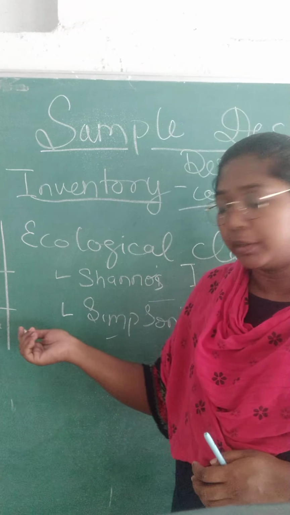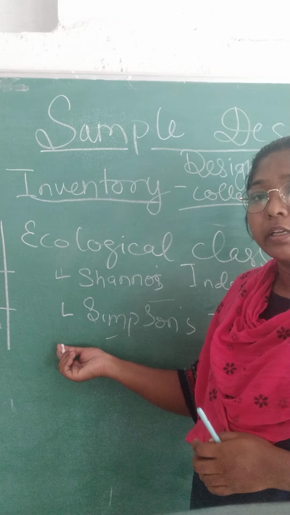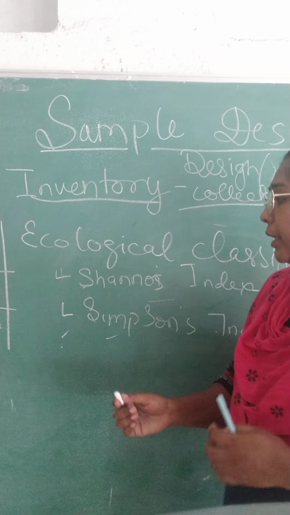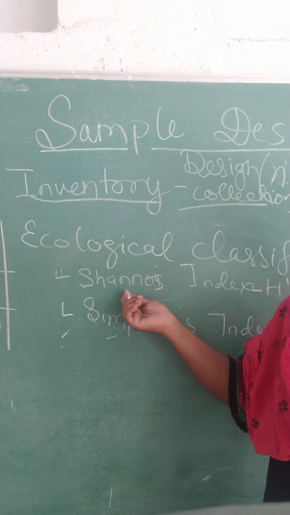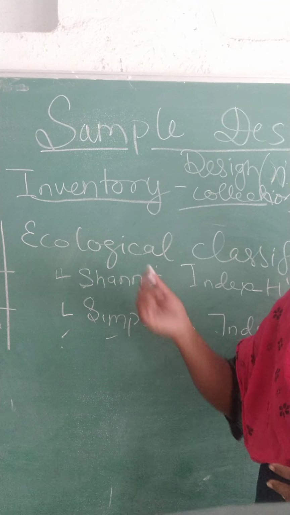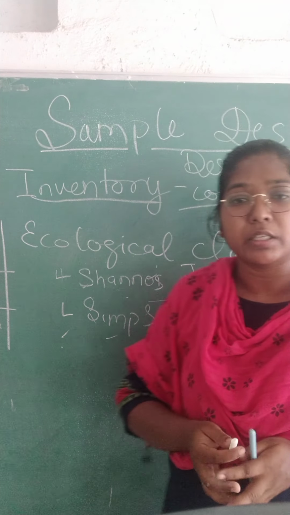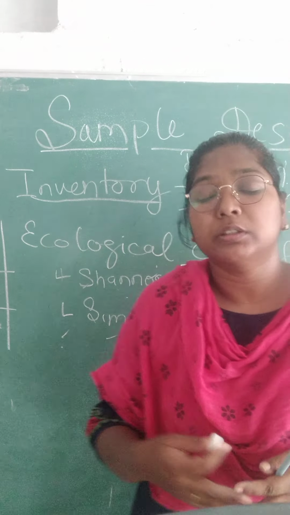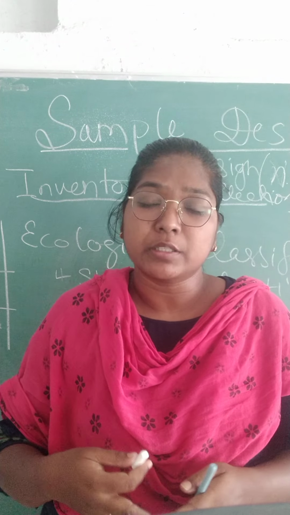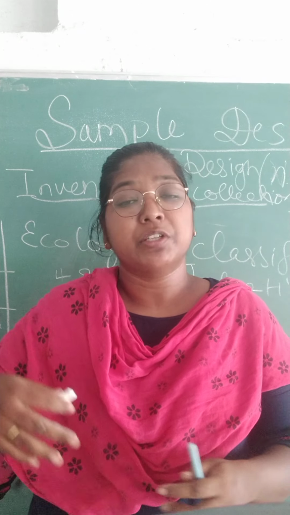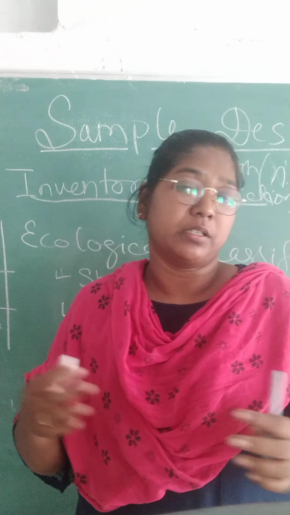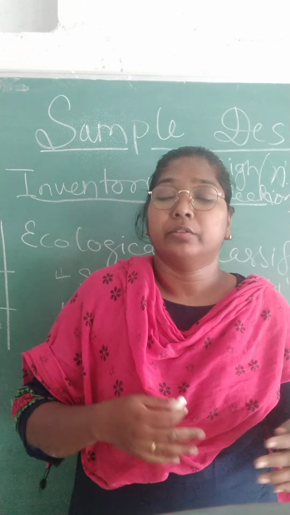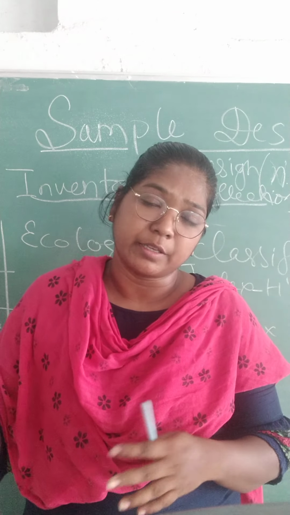As I said, ecological classification is done, and the Shannon index. What is the Shannon index? It shows similarity and dominance between plants: which same type of plant is growing in some places, and which type of plant is dominant in some places.